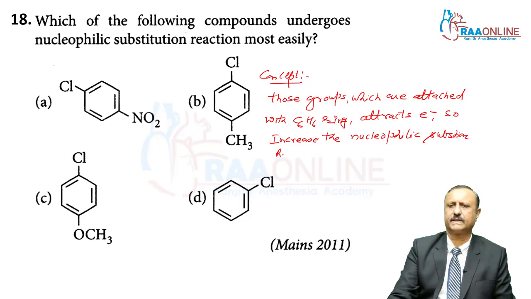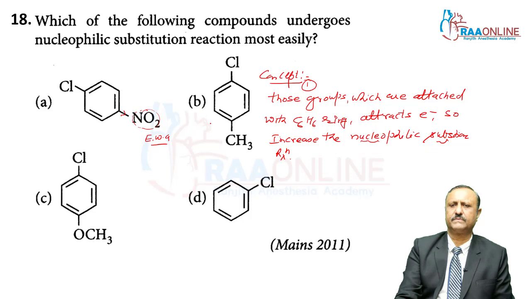Here, my dear students, we can see the NO2 group here attracts the lone pair of electrons. It is called an electron withdrawing group. So, it increases the reactivity of nucleophilic substitution, and vice versa.